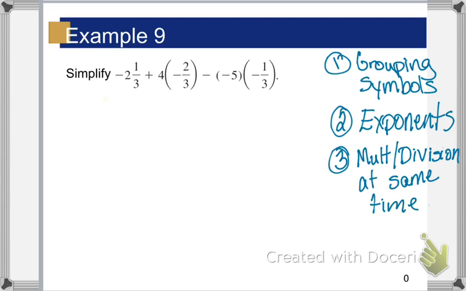Now, Facebook loves to put up little memes that say 90% of people get this wrong and all that kind of stuff. And the reason that 90% of the people get that wrong is not because PEMDAS was taught wrong in high school, it's that we remember it incorrectly. So when PEMDAS was taught in high school, very likely your instructor said, okay, P is for grouping symbols, E is for exponents, M and D are for multiplication and division, and you've got to do multiplication and division at the same time.